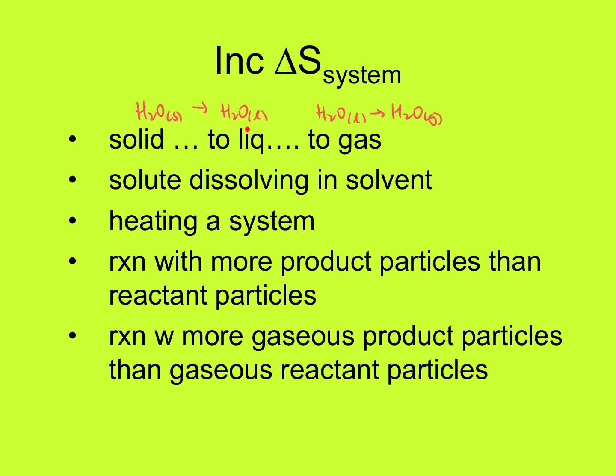The liquid state has more possible arrangements, more disorder, than the solid state. However, gas particles tend to have even greater disorder, greater entropy, than the liquid state. So going from a solid to a liquid to a gas would give you a delta S that is positive.